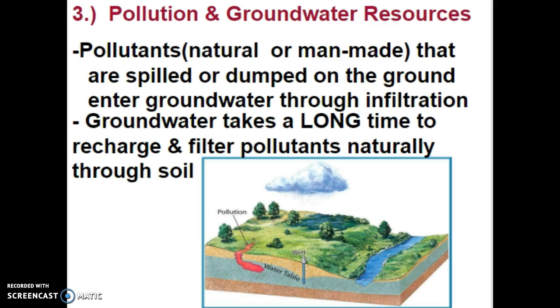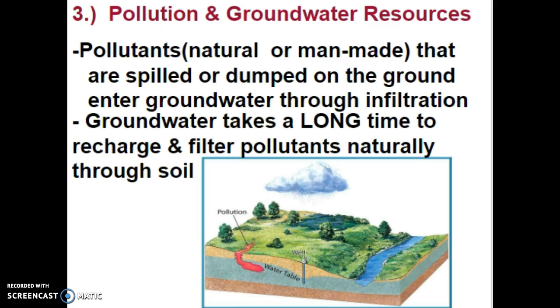The reason why we need to be concerned about groundwater, even though we can't see it, is that pollutants, either natural or man-made, that are spilled or dumped on the ground can enter the groundwater through infiltration. That aquifer and that groundwater takes a long time to recharge and filter those pollutants naturally through the soil. The earth itself will take care of some of the impurities.